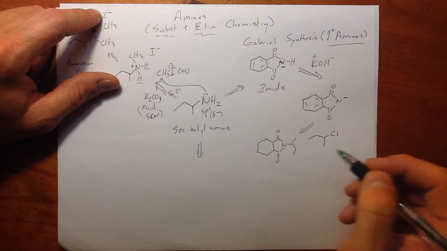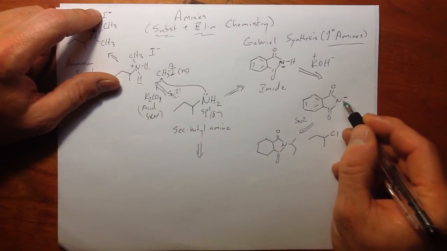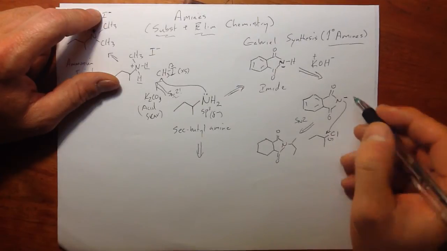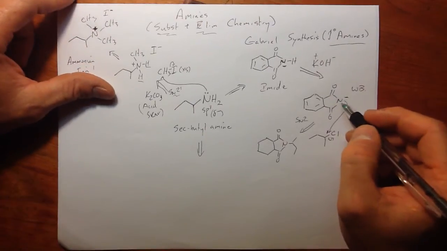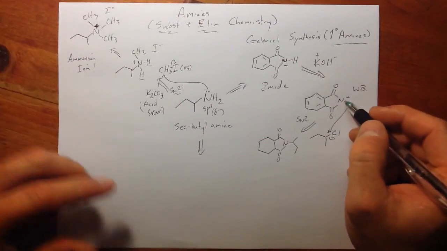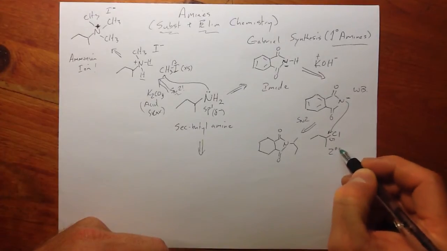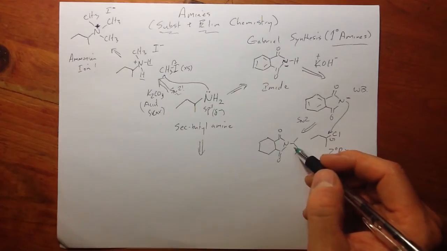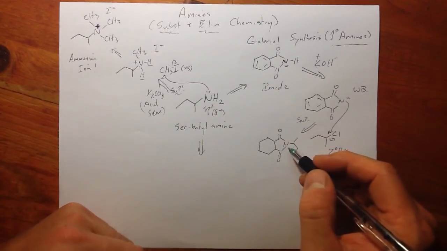Then we would have our SN2 reaction, because this is just going to act as a weak base towards a secondary alkyl halide. This is a weak base because the nitrogen gives us some delocalization into the oxygens of its negative charge. This alkyl halide, secondary RX, weak base, we can propose an SN2 product here, the alkylated imide.